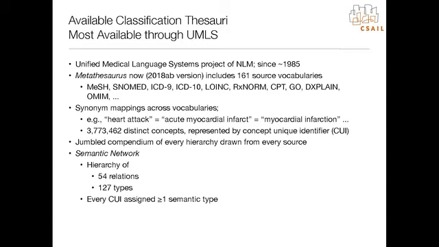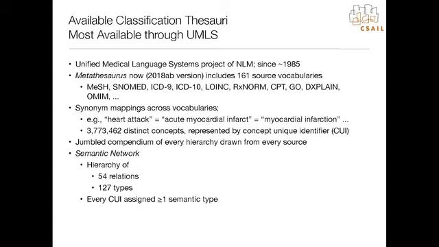So as of the current moment, there are about 3.7 million distinct concepts in this concept base. There are also hierarchies and relationships that are imported from all these different sources of terminology, but those are a pretty jumbled mess.